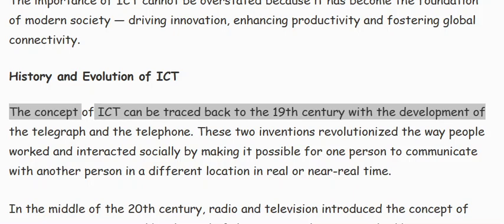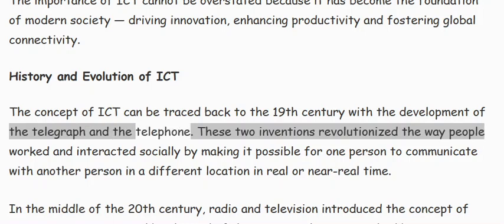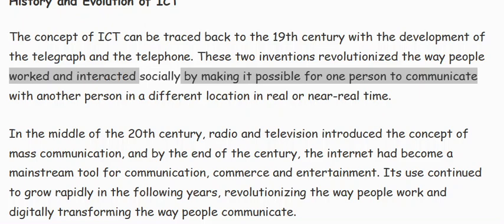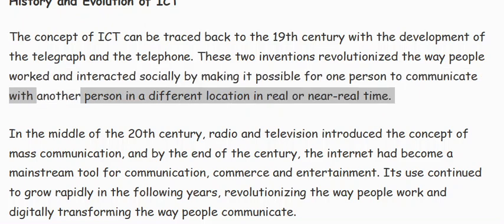The concept of ICT can be traced back to the 19th century with the development of the telegraph and the telephone. These two inventions revolutionized the way people worked and interacted socially by making it possible for one person to communicate with another person in a different location in real or near real time.